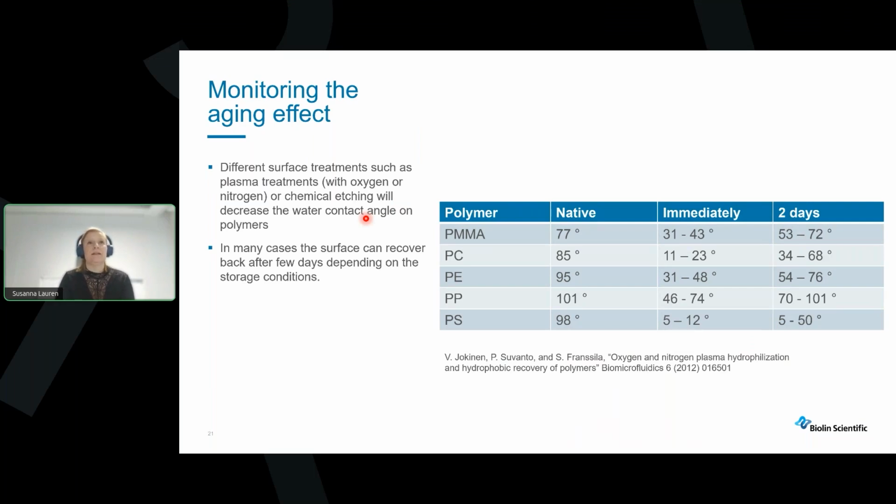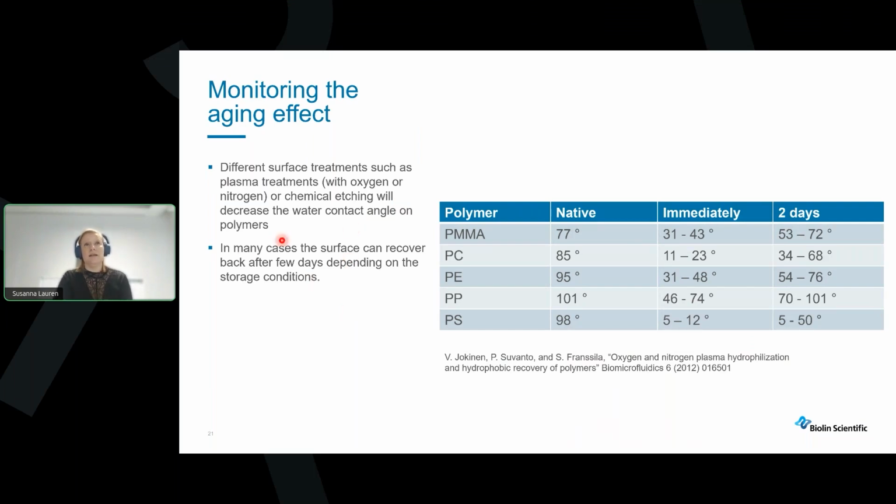And then they measured the contact angle basically immediately after the treatment, and then also 2 days after the treatment, to see how the contact angle of the polymer changes as a function of time.